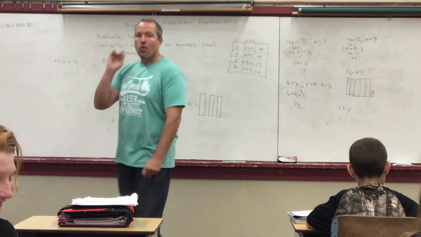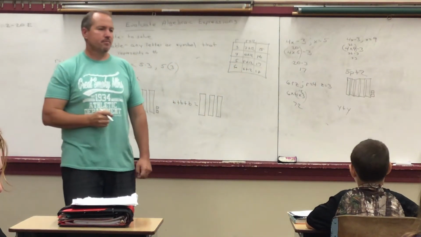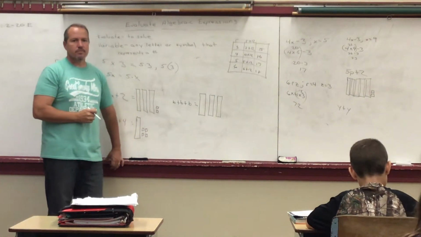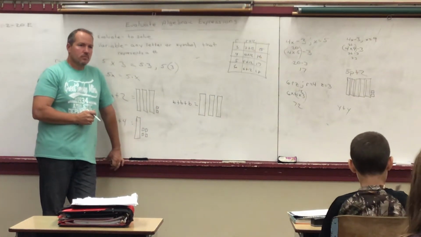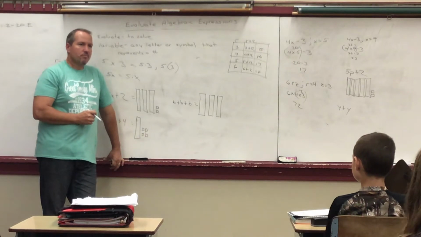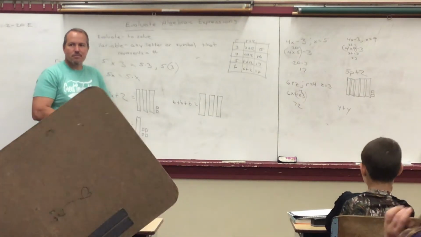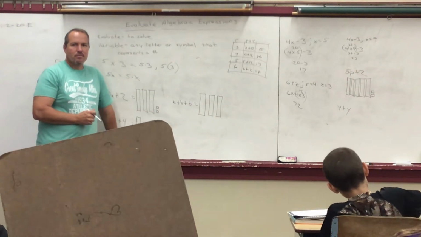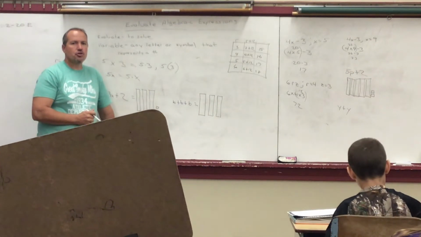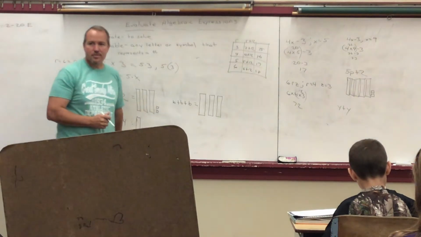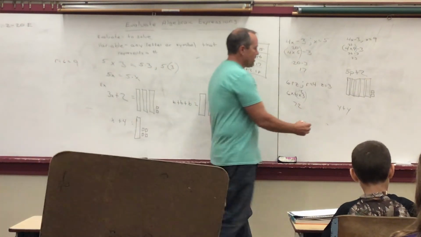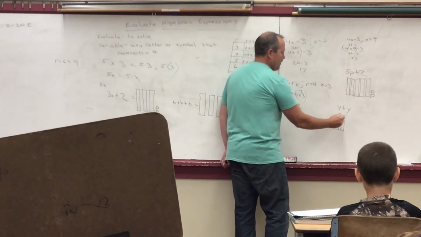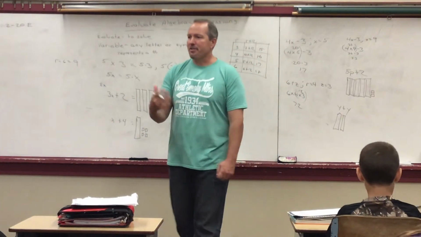What does y plus y look like? It would simply look like there's one variable and there's the second variable, because y plus y is the same as 2 times y.